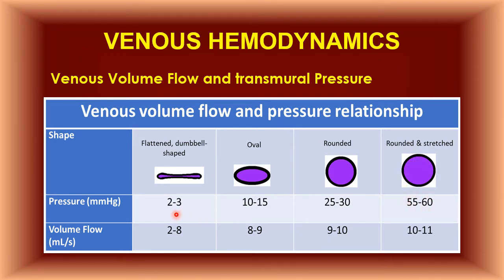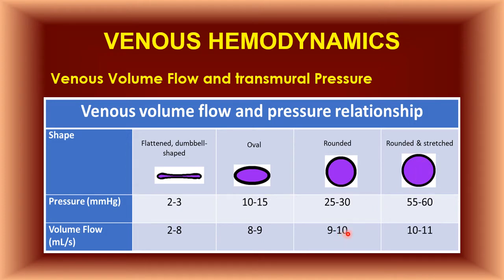Compared to the pressure changes, the flattened or dumbbell-shaped veins have the least pressure, 2 to 3 millimeters mercury. And between the rounded and the rounded and stretched, there is a sudden rise, almost double the venous pressure. Both are rounded, but one is stretched. Why is this?